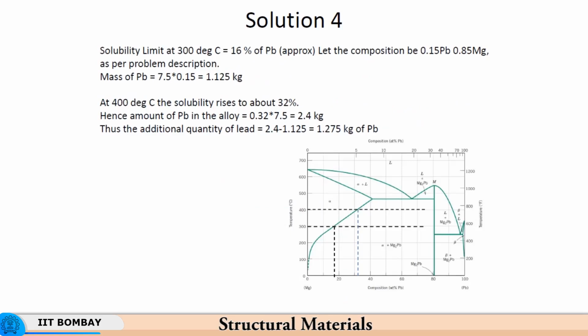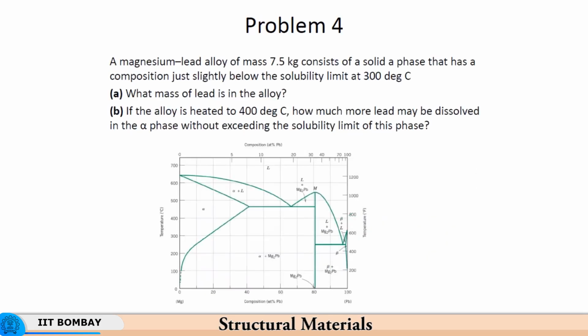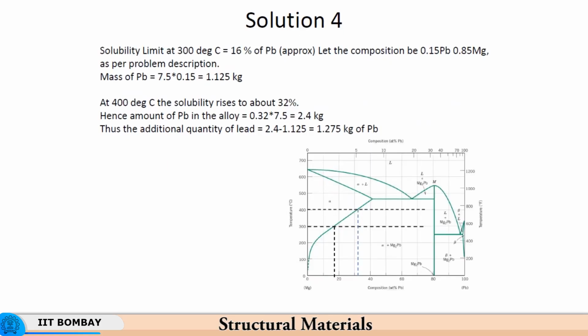So this is our initial condition. The solubility limit at 300 degrees centigrade is 16% of lead, so we have a composition of 15% lead, 85% magnesium initially. So 15% Pb and 85% magnesium.